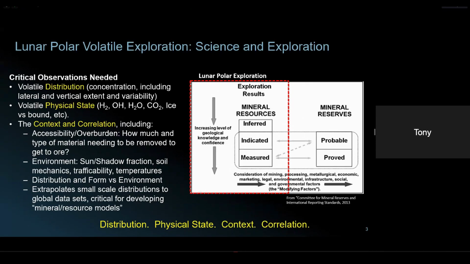When we go looking for minerals and resources, we need to do the same thing on the moon. That includes everything from accessibility, what's the overburden, the environment, sun and shadow fraction, et cetera. These are all very important things we need to measure to really help us understand this side of this figure. So it's distribution, physical state, context, and correlation.